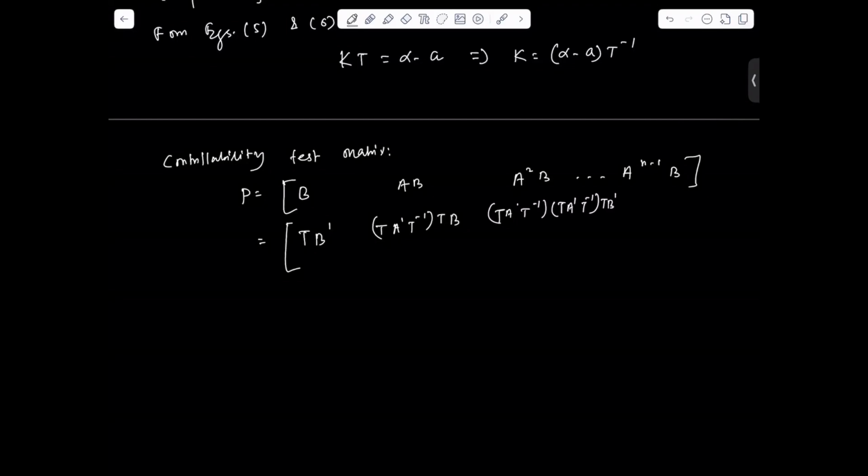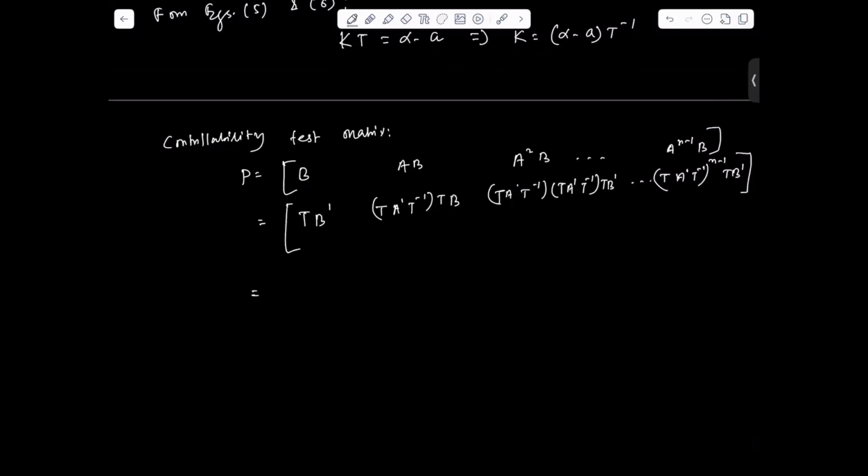And for the last term, we can write T A dash T inverse to the power n minus 1, T B dash, right?